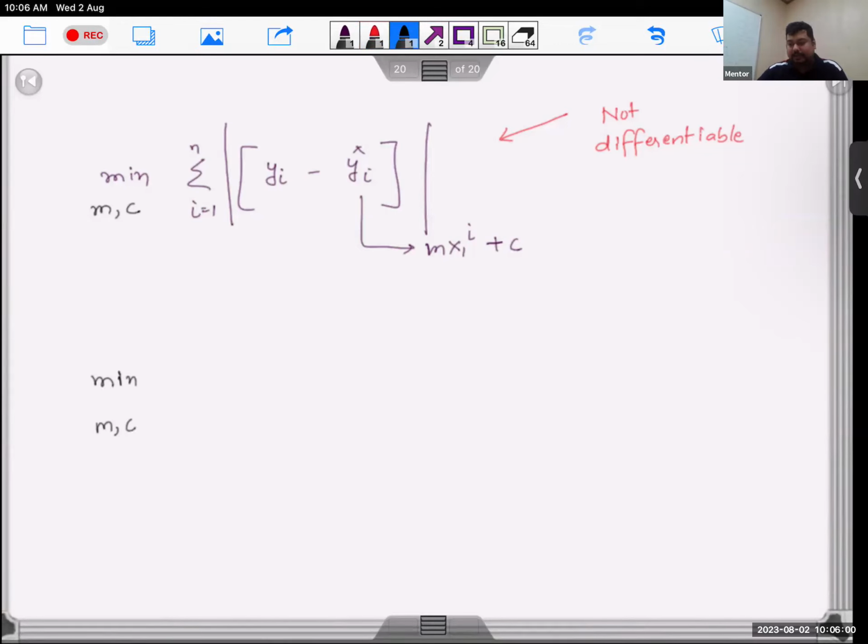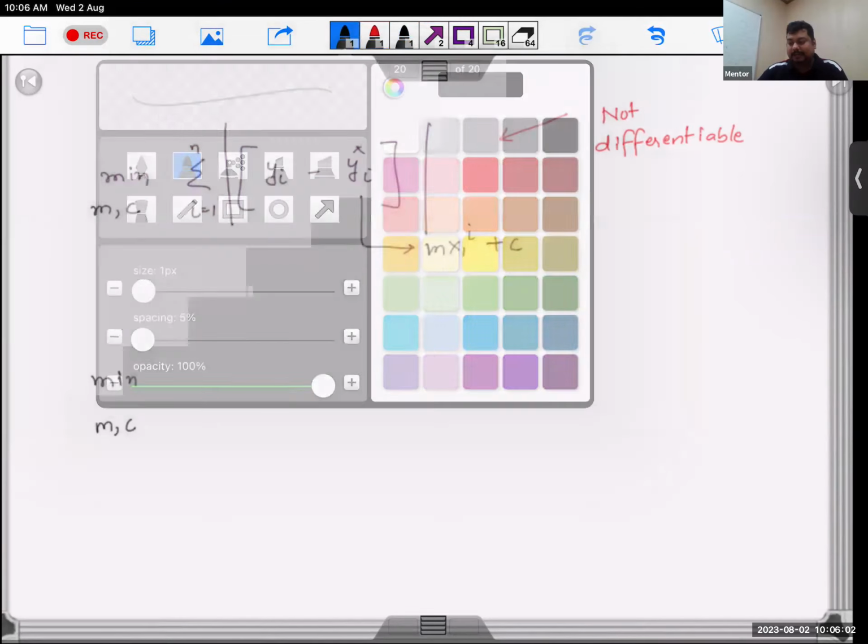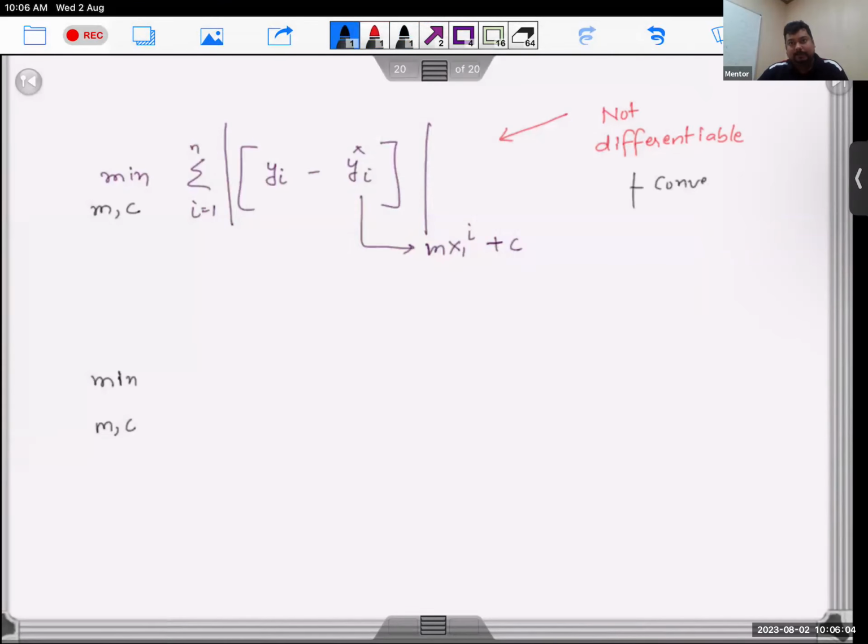By the way, if you are interested, let me tell you this function is convex, but not differentiable. If you are interested in how to solve this, you can read about linear programming. And if you want to know how it is done in Python, nobody has done it explicitly, but you can use a library called Gurobi to do it.